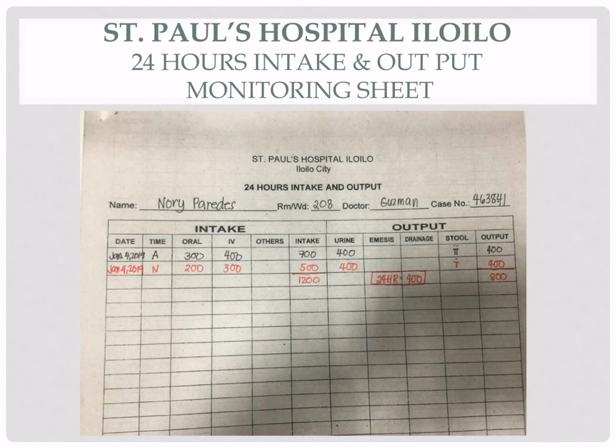First, let's focus on the date. For example, January 4, 2019. Then the time, there is A, written in black ink.